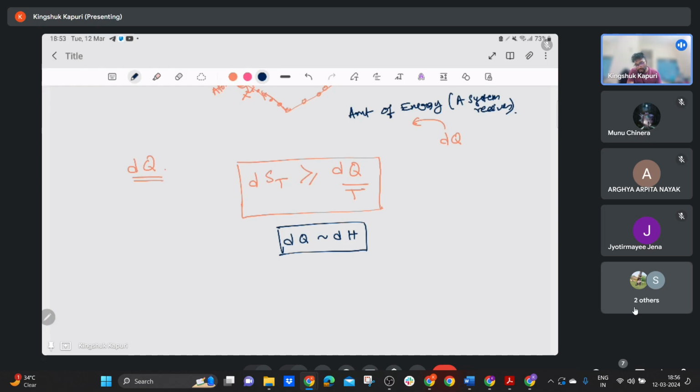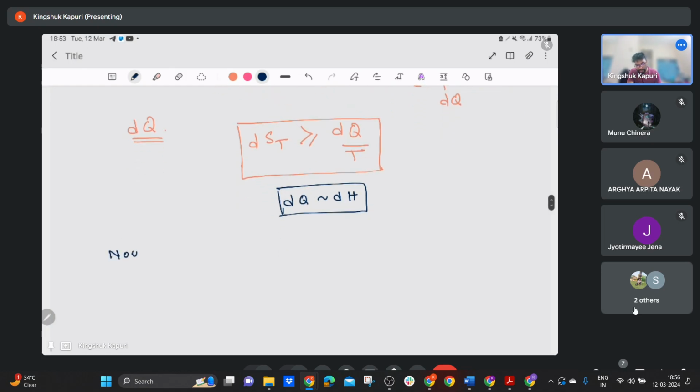Now we know that when dS is greater than dq by T, this is for an irreversible, or what we call a spontaneous, reaction, right?